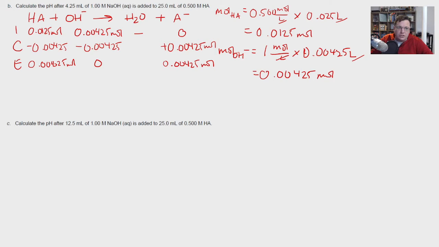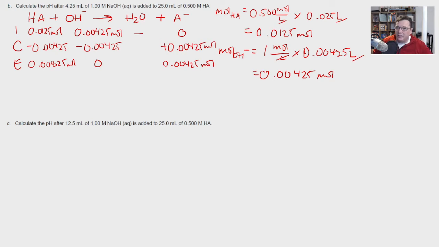One thing that we can do that is a lot easier for ourselves is, because we know that we are in the buffer region essentially, the difference between the A minus concentration and the HA concentration isn't anything dramatic. It's not like a full scale of difference.